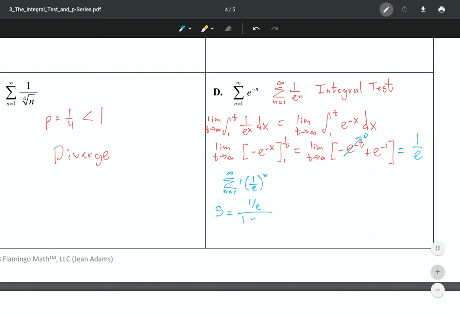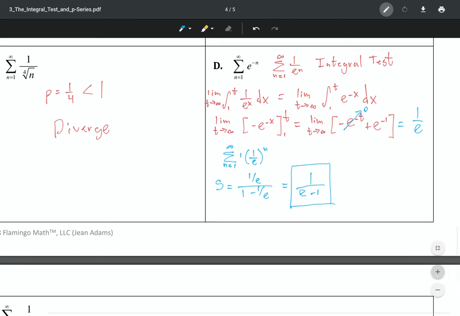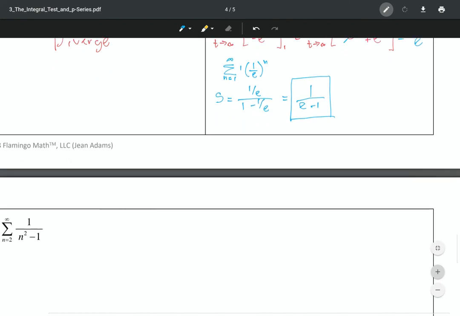And then the ratio is also 1 over e. So my answer would be 1 over e over 1 minus 1 over e. And of course, I found a common denominator in the bottom and then keep, change, flip, all of that. So this is actually the sum right there, which it didn't really ask for, but I just wanted to show you.